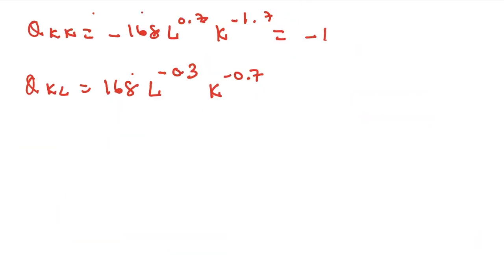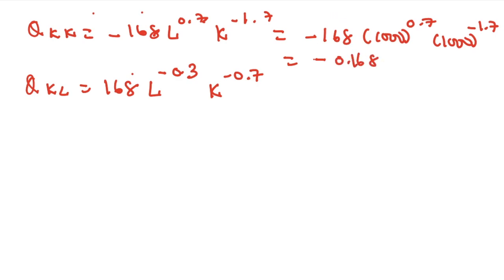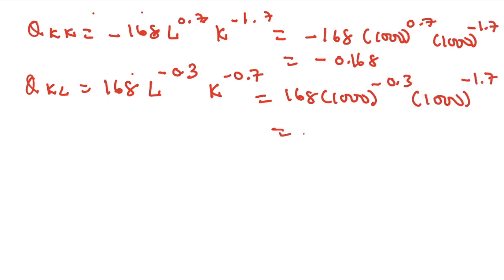Minus 168 times 1000 to the power of 0.7 times 1000 to the power of minus 1.7. You're going to get minus 0.168. Similarly for this, 168 times 1000 to the power of minus 0.3 times 1000 to the power of minus 1.7. You're going to get positive 0.168.